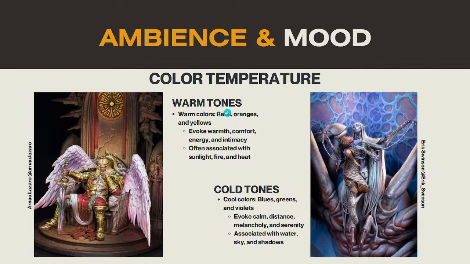So warm tones include reds, oranges, and yellows. They evoke warmth, comfort, energy, and intimacy, often associated with sunlight, fire, and heat. So we're associating emotions to warm tones, which kind of help provoke those emotions, like I was mentioning, but also help tell the story.